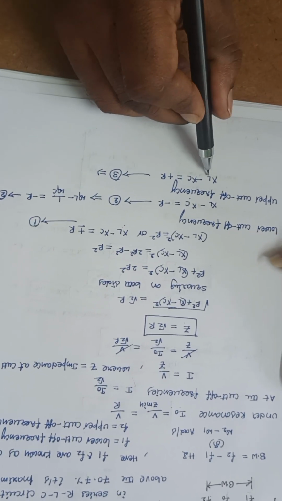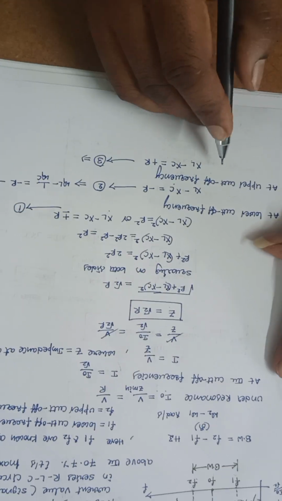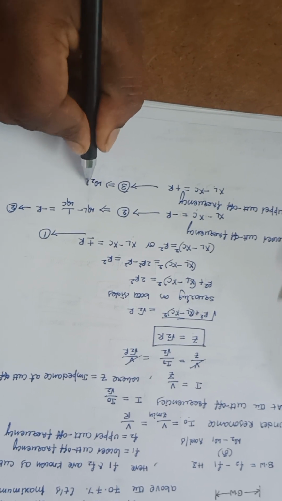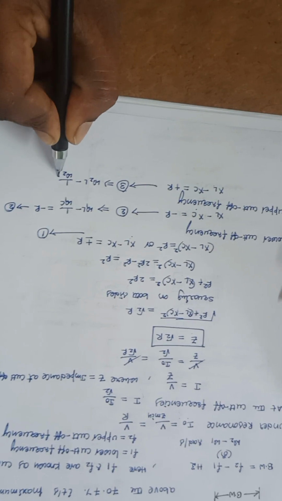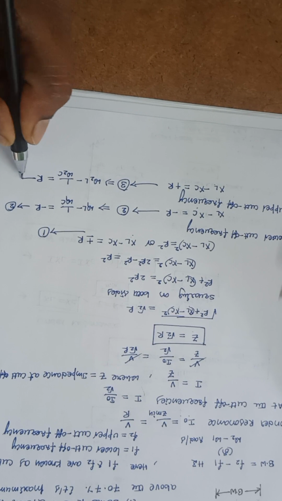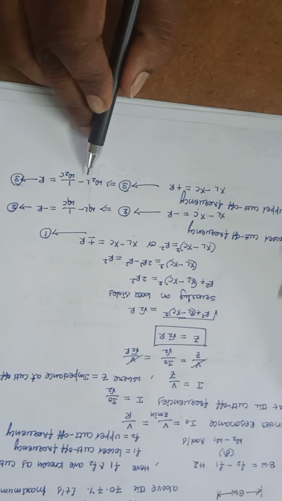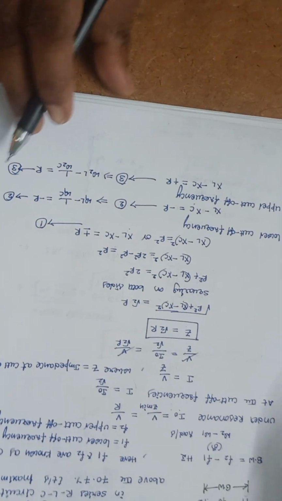Here also, it is defined at upper cutoff frequency, that is omega 2 L minus 1 by omega 2 C, that is equal to plus R. It is equation number 3. I just rewrote these equations by replacing the terms.